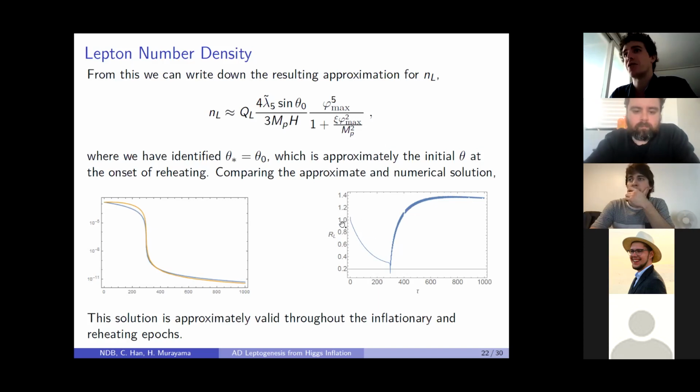The reason is that in this period, because I fixed theta naught in my approximation, there is sometimes some variation in theta naught across inflation. That can change your sine theta, and that's mainly where the change comes from. So it works very well, and this behavior is pretty consistent.